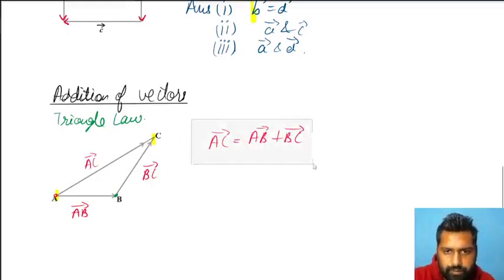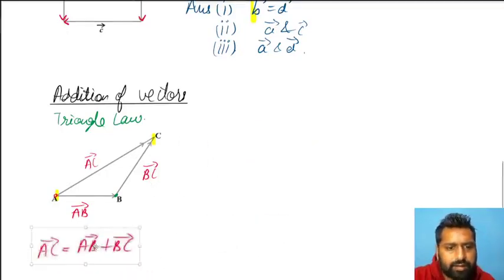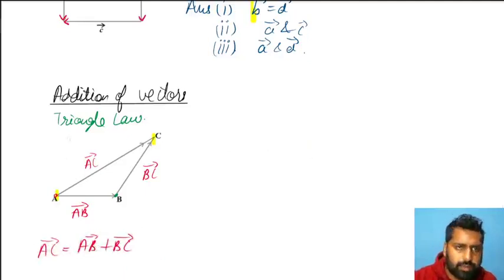That's triangle law of vector addition. Remember how you have to arrange the vectors, that's very important. Again I'll repeat, you have to arrange the vectors so that the terminal point of the first coincides with the initial point of the second vector.